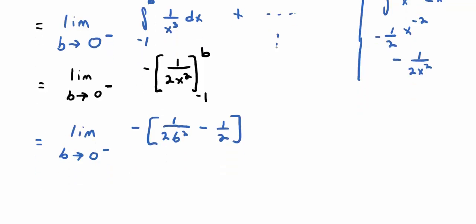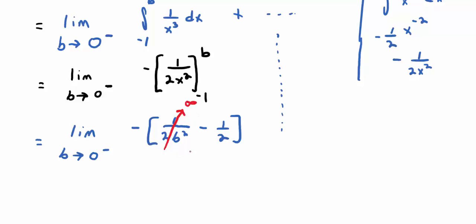And then there's other stuff over here, but we'll worry about that if this thing converges, which right now, is it looking like it's going to converge? Yes. Oh, yeah. Think about it again. What is 2b squared doing as b goes to 0 from the left? The denominator is getting closer to 0, so what's the overall value of the fraction doing? It's blowing up, guys. When the denominator gets smaller, the numerator stays the same.